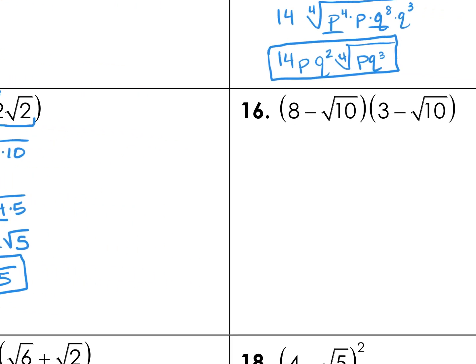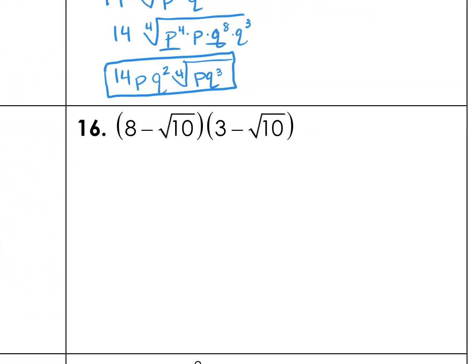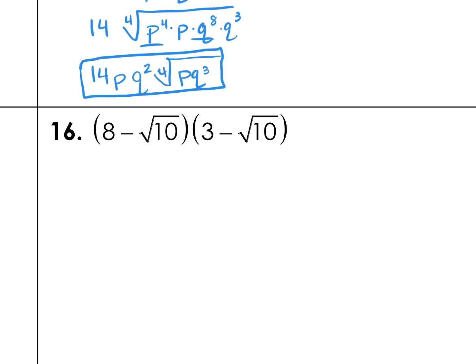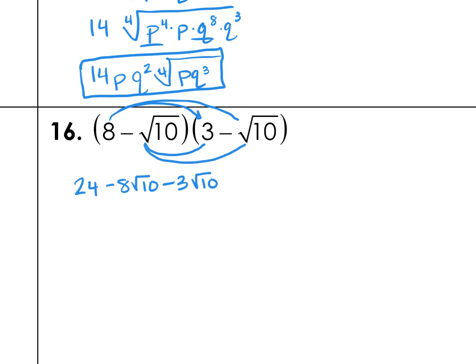So if you are looking at number 16, this is the double distributive property, so we have to multiply the 8 times the 3, that's 24, then 8 times the square root of negative 10, or negative square root of 10, so that's minus 8 root 10, then minus 3 root 10, and a negative times a negative is a positive square root of 100.